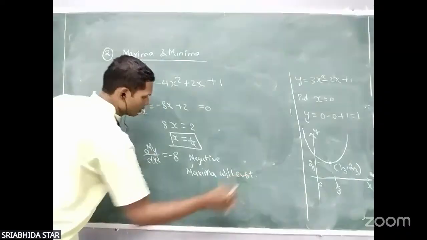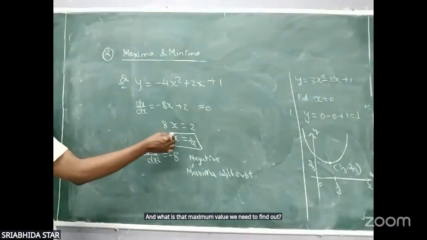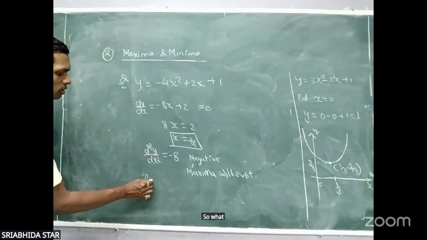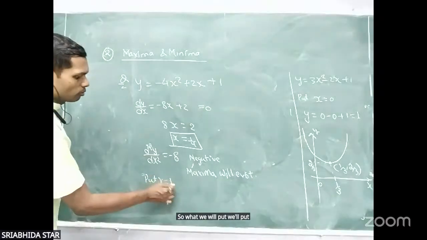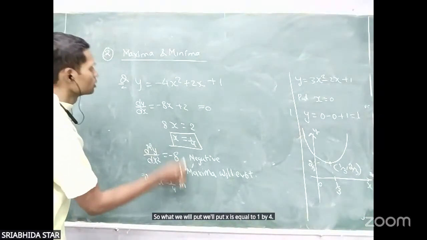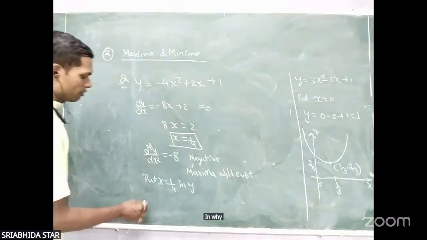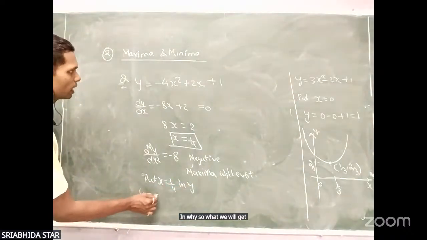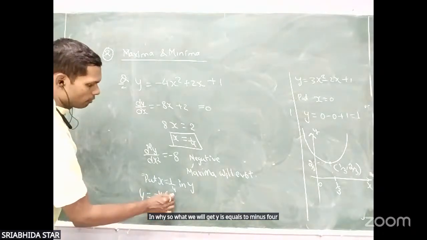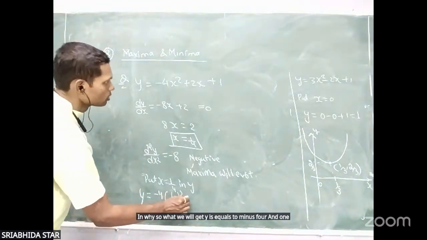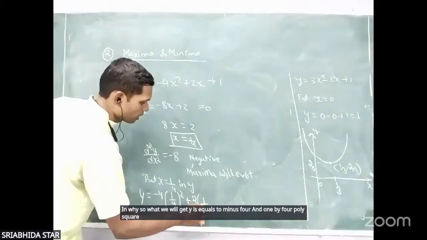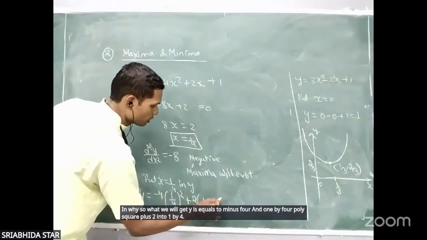And what is that maximum value? We need to find out. So we'll put x equals to 1 by 4 in y. So what we will get? y equals minus 4 into 1 by 4 whole square plus 2 into 1 by 4 plus 1.